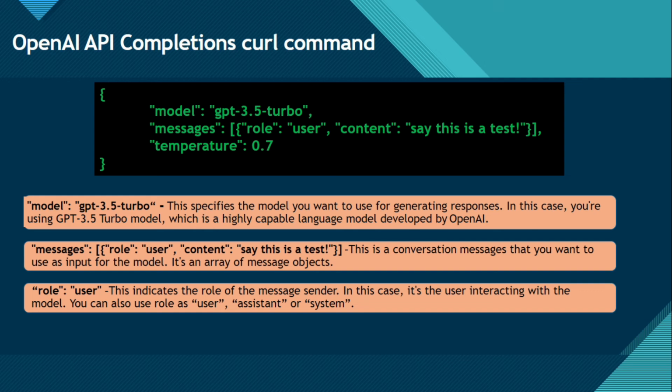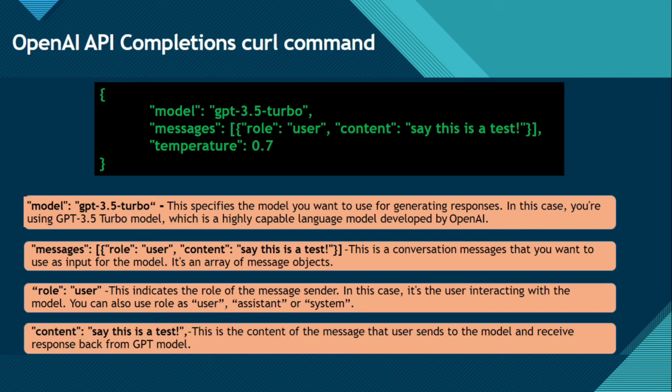You can also use role assistant or system. Now we have content, and the value is say this is a test. This is the content of the message that the user sends to the model to receive the response back from the GPT model. So whatever you pass in the content, based on that content, the temperature, the role and the model, you will get the response.